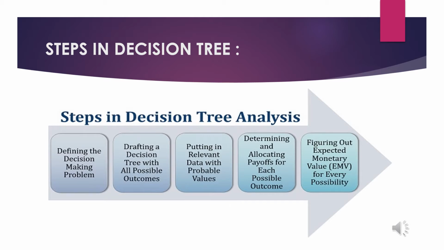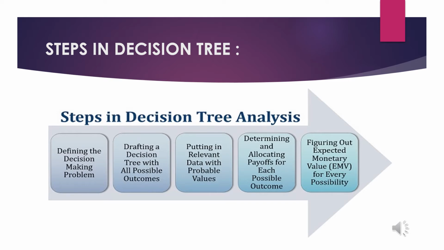To understand easily what steps need to be undertaken in decision tree analysis, this particular slide will help us understand those. The first step is understanding and specifying the problem area for which the decision making is required for the organization. That is what we call defining the decision making problem.